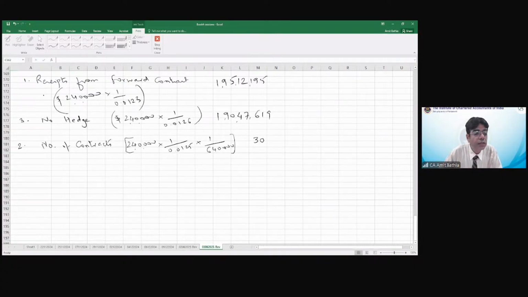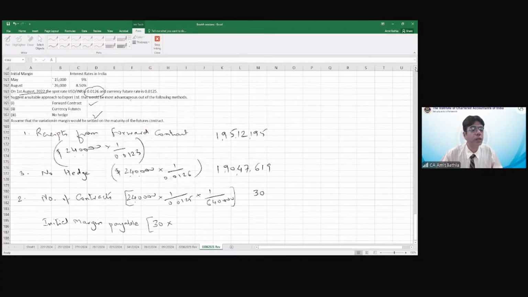How much initial margin will be payable now? There are 2 amounts given to you. Initial margin you will have to pay on each contract, so 30 contracts into the margin. In the question, the initial margin for May is 15,000 and for August it is 26,000.